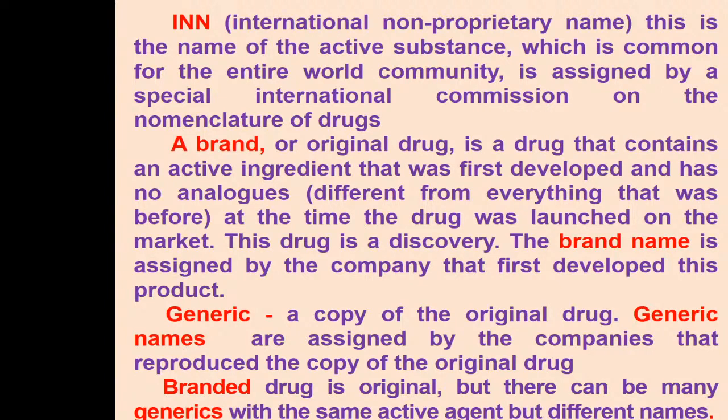all pharmaceutical plants can start production of a copy of this original drug, and they start to produce, but they give to this drug their own name, and this is a generic name. So generic names are assigned by the companies that reproduced the copy of the original drug.